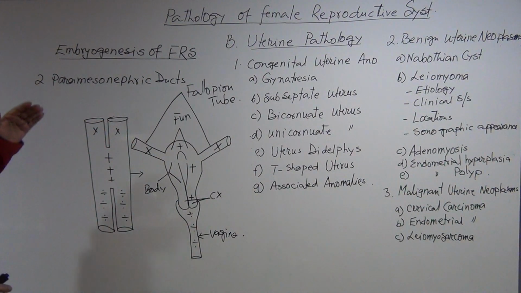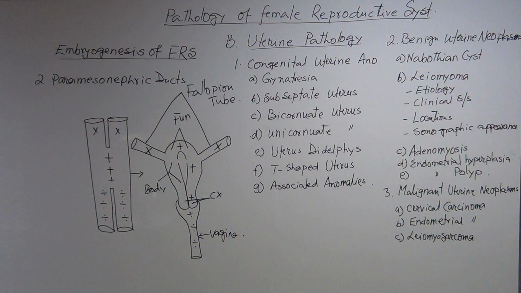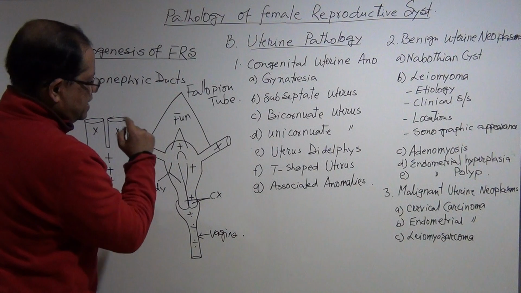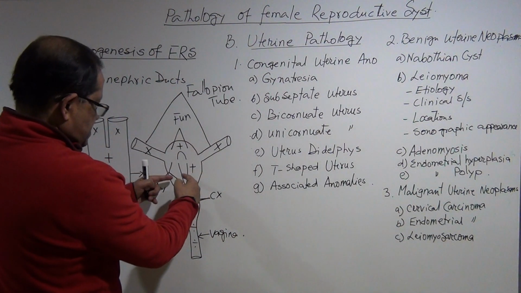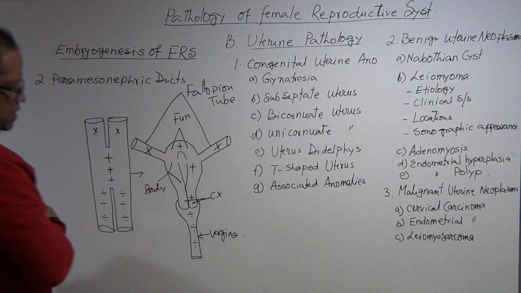I'm going to discuss one important thing. Did you notice there is a nice dome of the fundus, and the body is dilated, wider here, and the cervix is getting narrower.